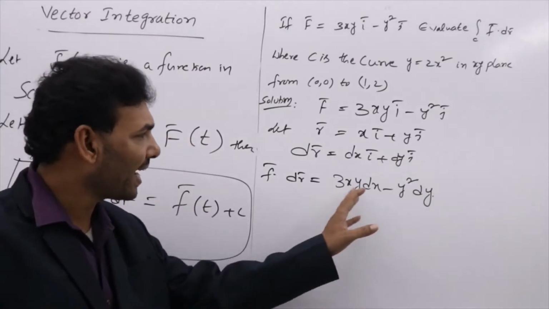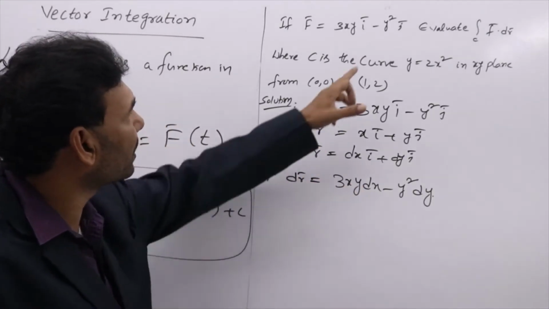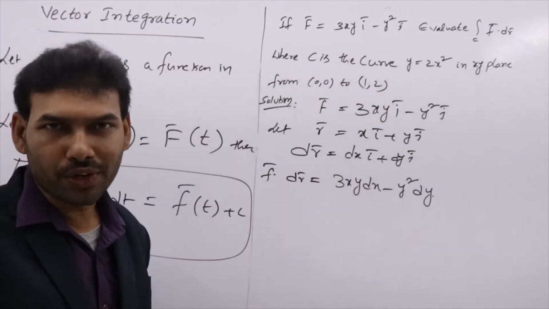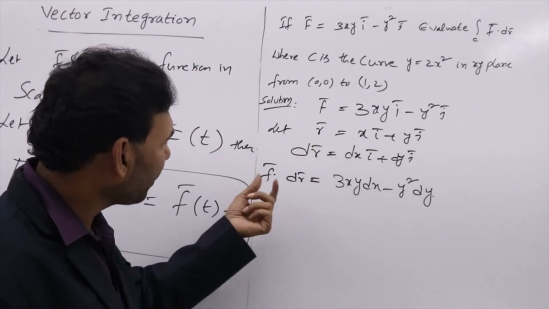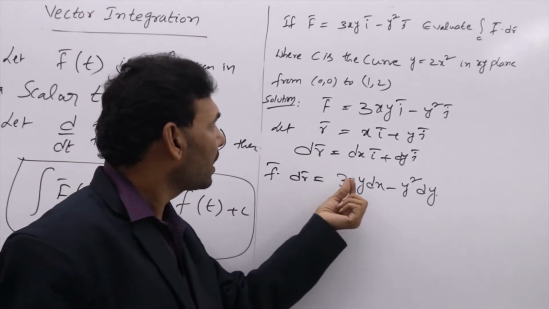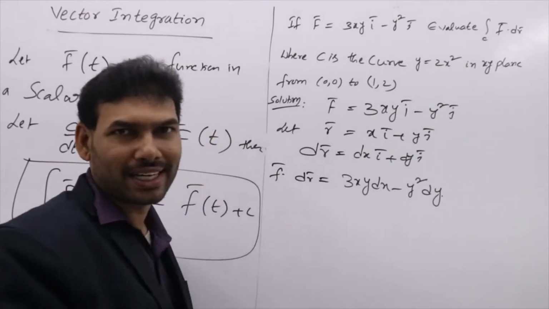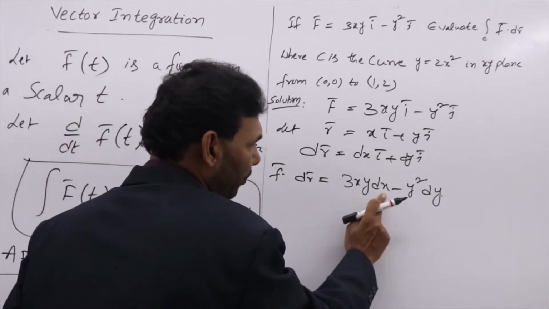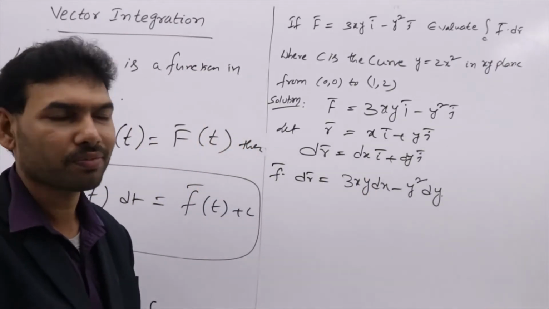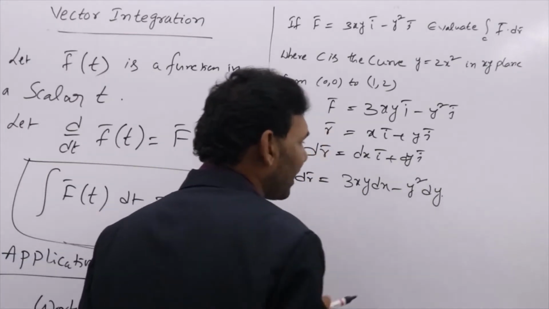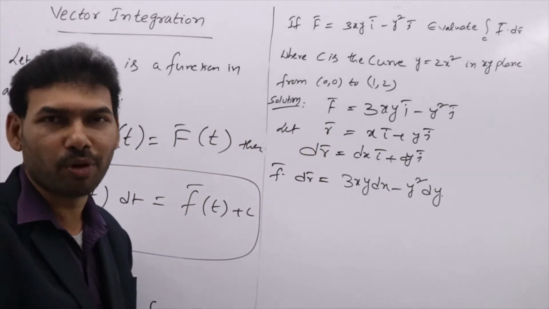But if you want to integrate this, we need to integrate over the curve y equal to 2x square between the two given points. This is a line integral, and while integrating with respect to x, this function should be a function of x. So the complete integral should be a single variable function.